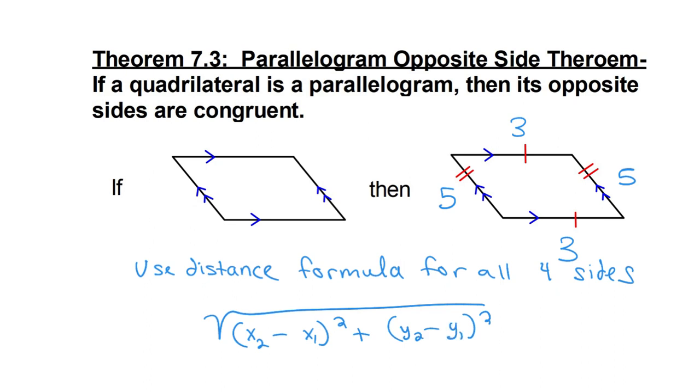All right, so hopefully you wrote that down. You would again calculate this side length and this side length to show it's the same number. And then you'd also calculate these two side lengths and show that they're also the same number when you do the distance formula.